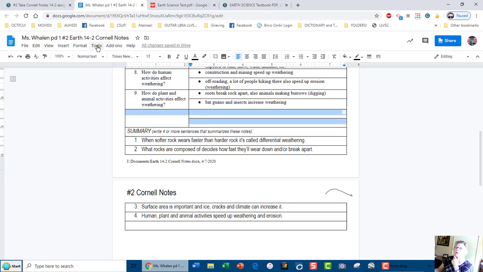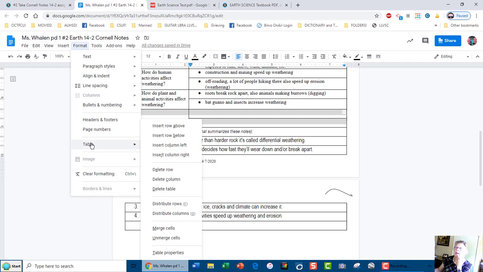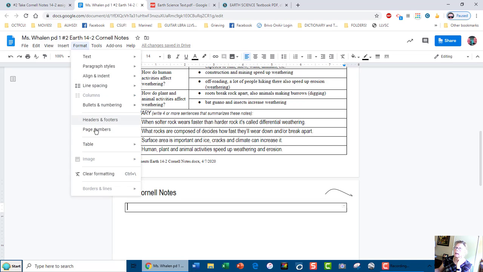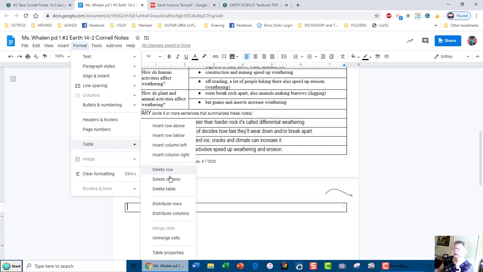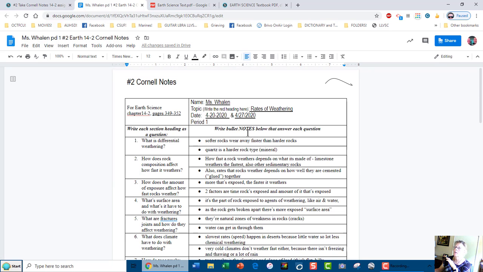To do that, you highlight it, go to Format, Table, and delete the row that I've highlighted. Perhaps I'd want to do that here, so I click on it, go to Format, down to Table, and there it is, delete row. I'll try a backspace. It won't let me take this out without messing around a lot, which I am not going to do. I've also added today's date.